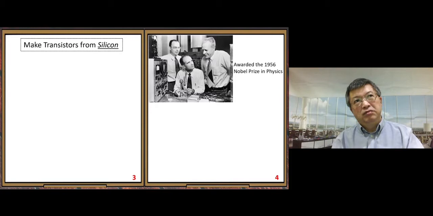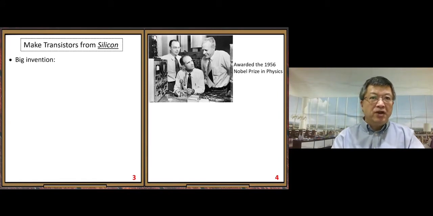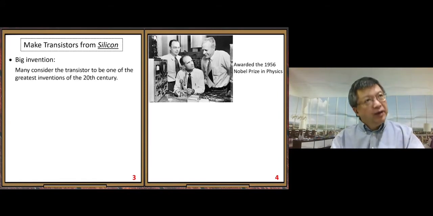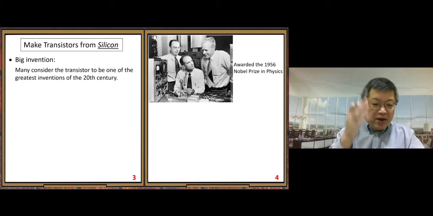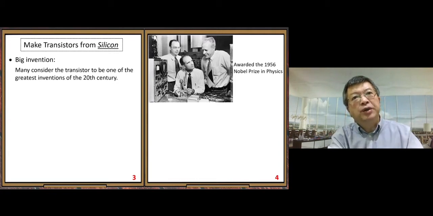In our human history, it is extremely big. How big? Many consider the transistor to be one of the greatest inventions of the 20th century.